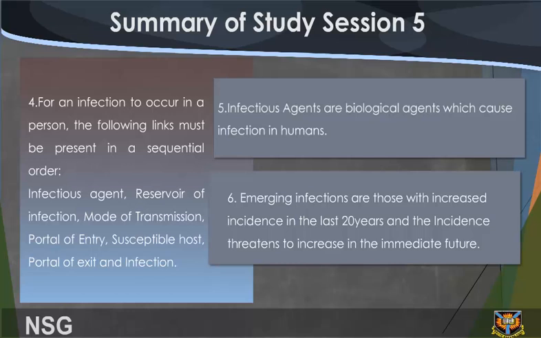Infectious agents are biological agents which cause infection in humans. 6. Emerging infections are those with increased incidence in the last 20 years, and the incidence threatens to increase in the immediate future. End of study session 5.